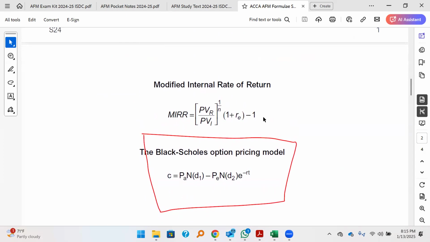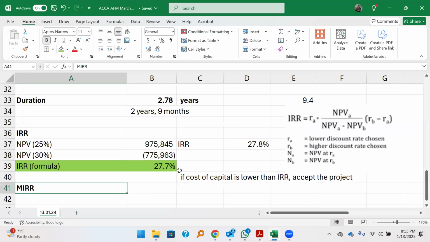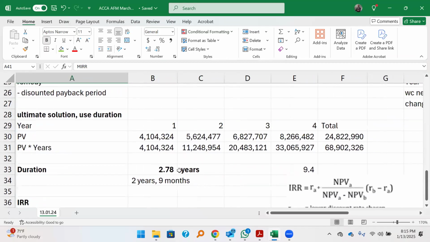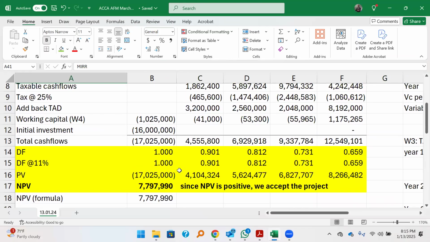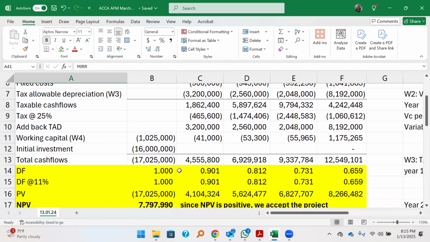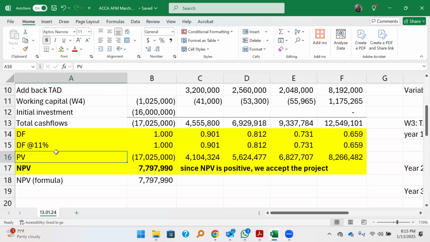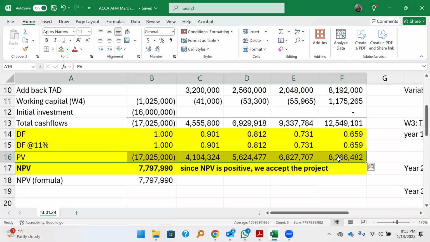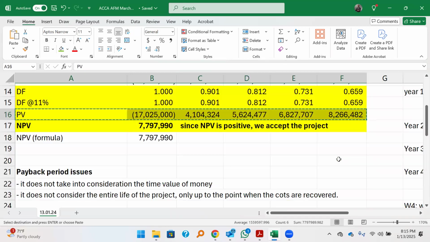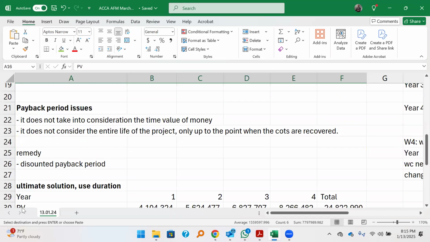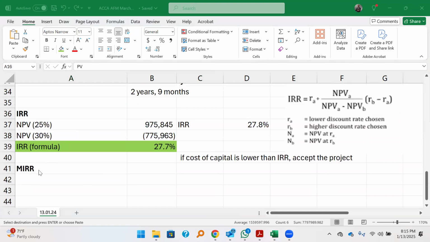So here we are using this one, and it has present value of the return phase, present value of the investment phase, 1 over n, 1 plus RE minus 1. So when you look at the present value figures that we got, these ones, if we copy them, just put them here close by.